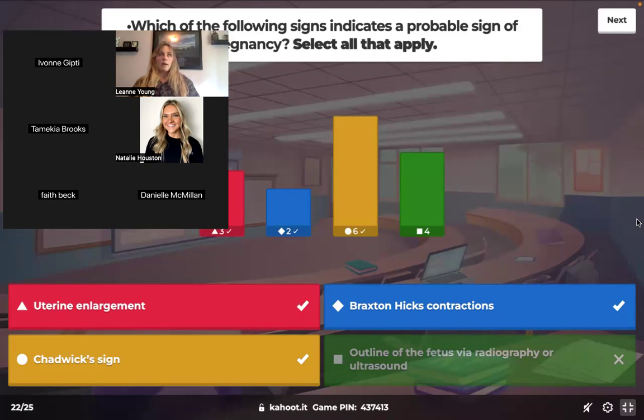I know we went over the three different categories of signs of pregnancy in week 2, so I would review those to know what's a probable sign of pregnancy versus possible versus definitive.